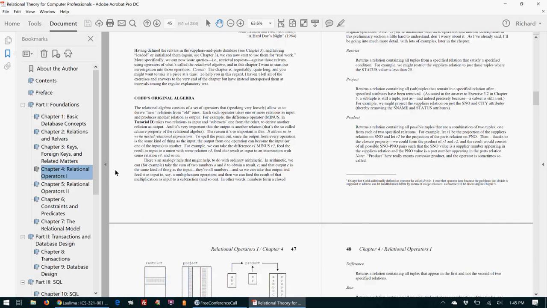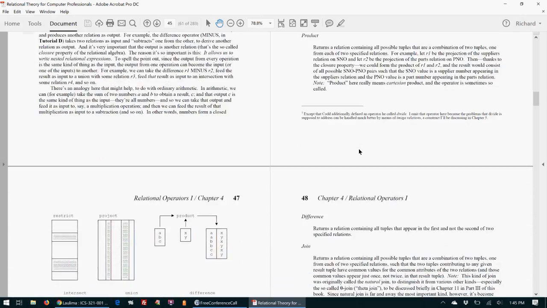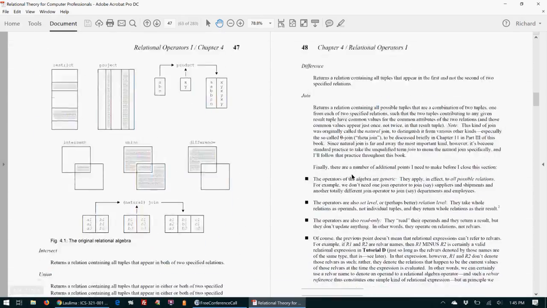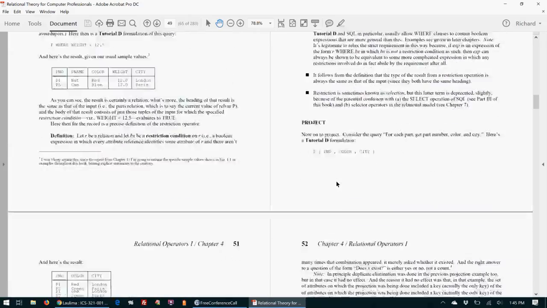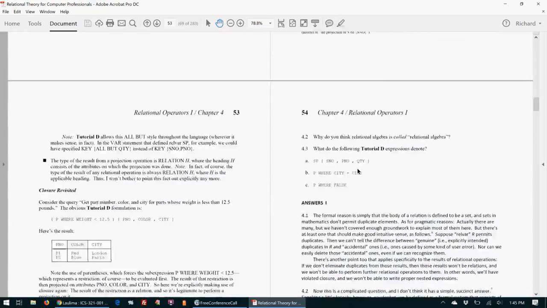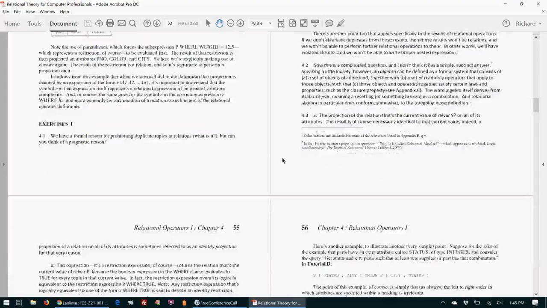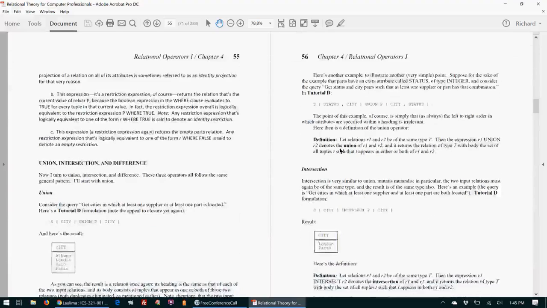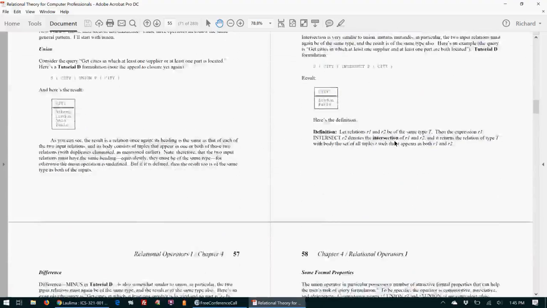So we discussed already restrict, project, taking the product, gone through these things, and restrict, project, and this is the end of section 1, exercises 1, and then we continue on and we cover union, intersection, and difference. I guess today we're doing union, intersection, and difference.